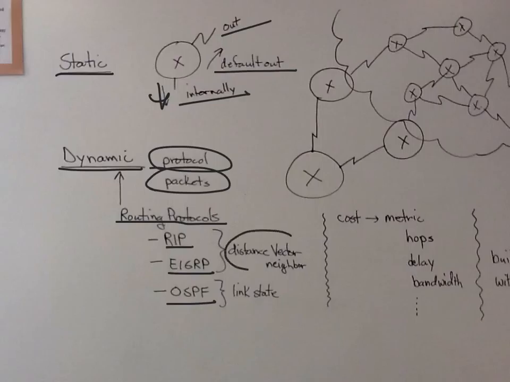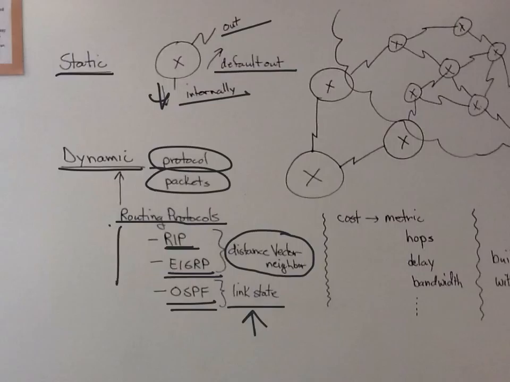Distance vector routing, you learn information from your neighbor and use that to build your routing tables. A link state learns about the entire network. So link state, we're going to learn OSPF. Distance vector, we're going to learn RIP right now, and then next term we cover EIGRP.